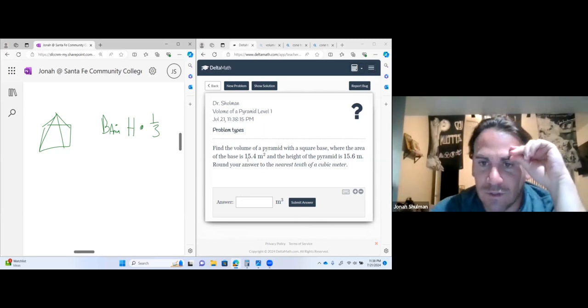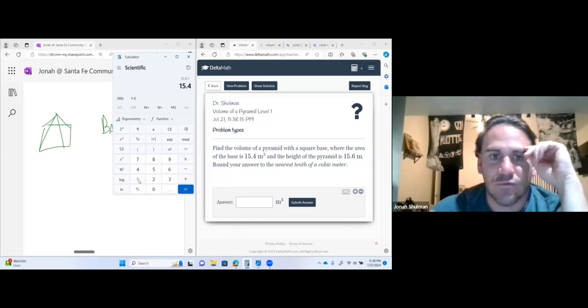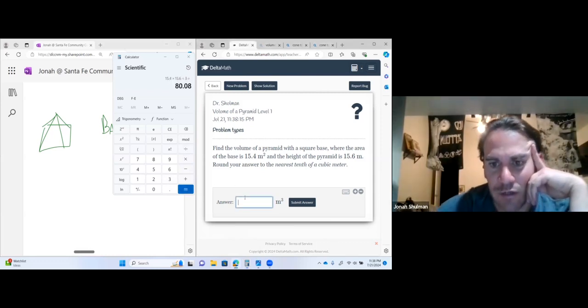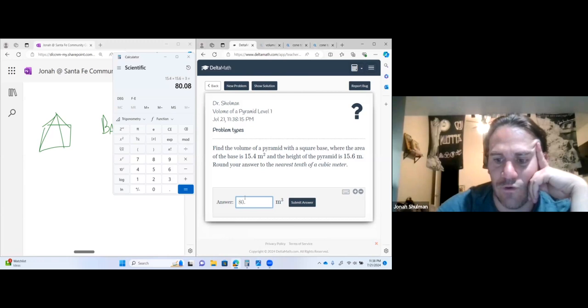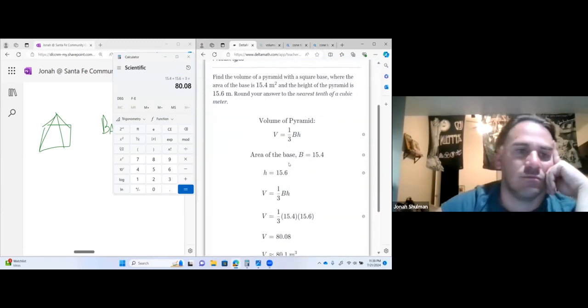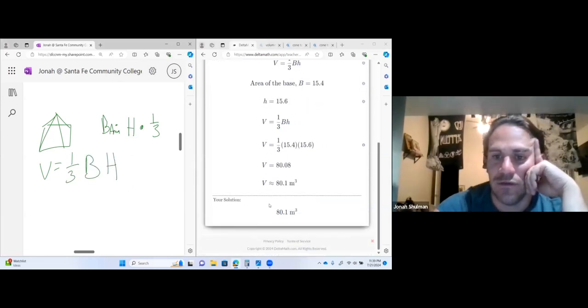So the base here is 15.4, the height is 15.6, then we just divide it by 3. 15.4 times 15.6 divided by 3. I believe to the nearest tenth it's 80.1. Let's see if that's the right formula. Nice. Volume equals 1/3 base area times height. And those are your steps.